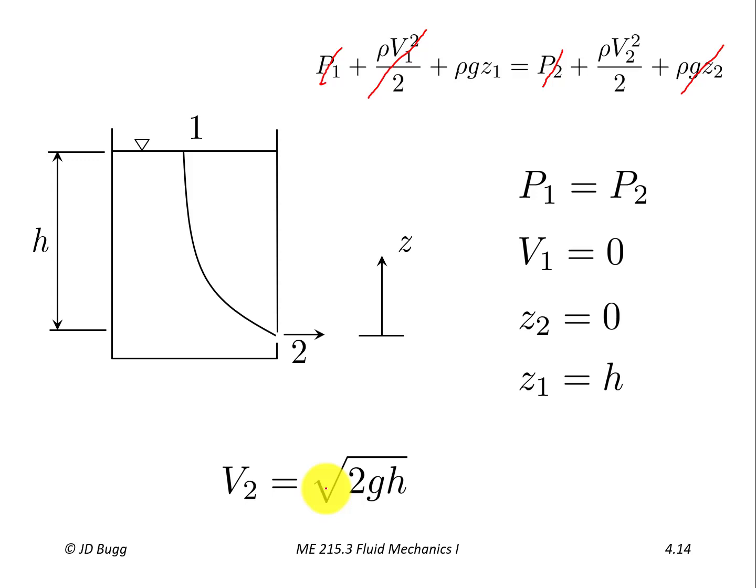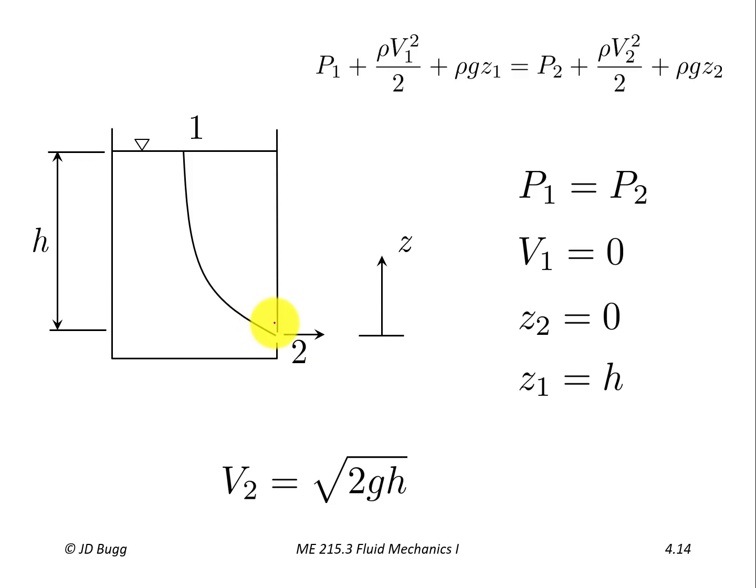So what is happening here in terms of conservation of energy is potential energy, the fact that this water at 1 is at a higher elevation, is being converted into kinetic energy. So the potential energy at point 1 is equated to the kinetic energy at point 2. So Bernoulli's equation lets us predict the speed that the water will come out of that hole. Now remember, one of the assumptions in Bernoulli's equation is frictionless flow. So the result we've got here doesn't take into account any frictional effects whatsoever.